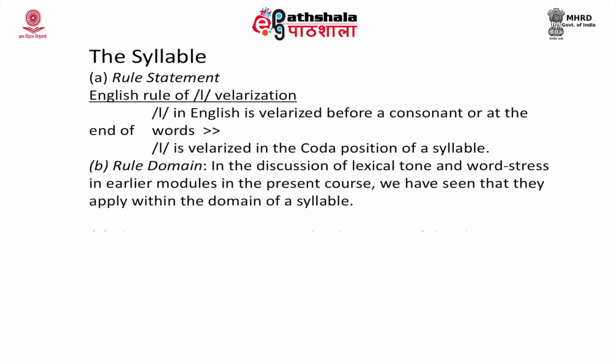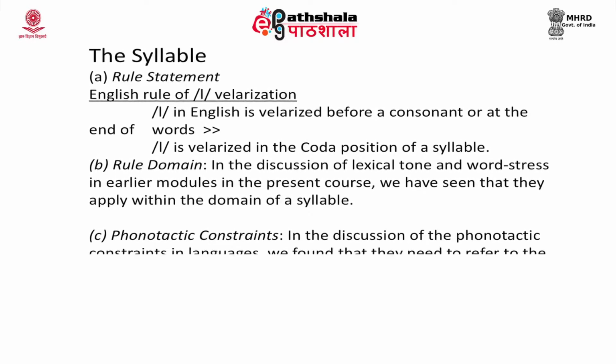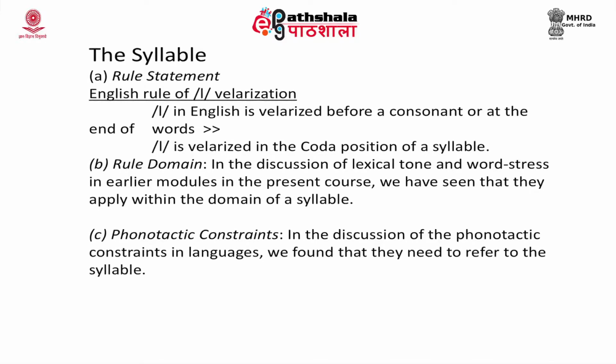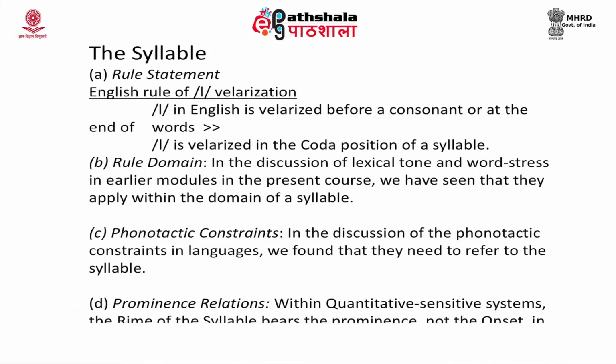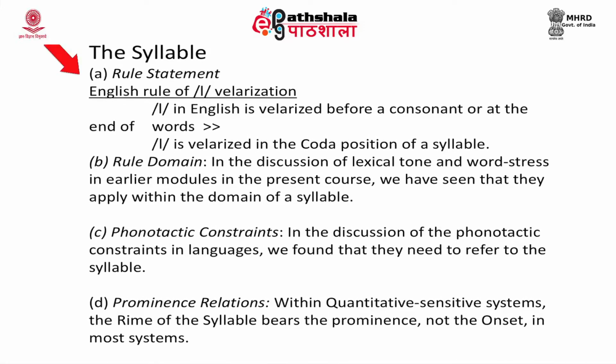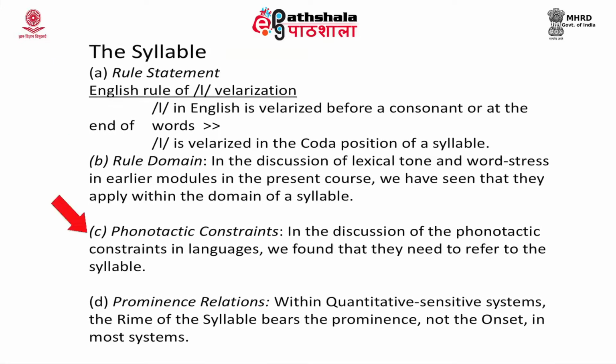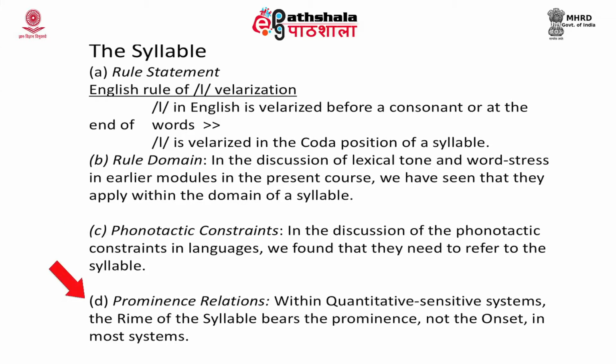Now we will look at the motivation for the syllable as a category according to all these 4 criteria, namely rule statement, rule domain, phonotactics, and prominence relationships. But we will be brief with regard to stating the facts about these criteria, because we have already looked at the facts in earlier modules considerably in detail.